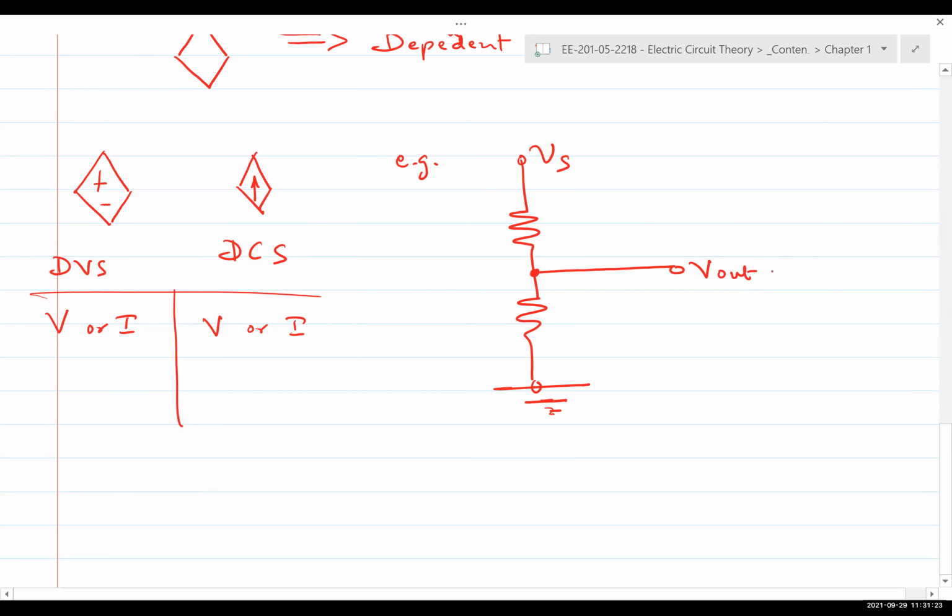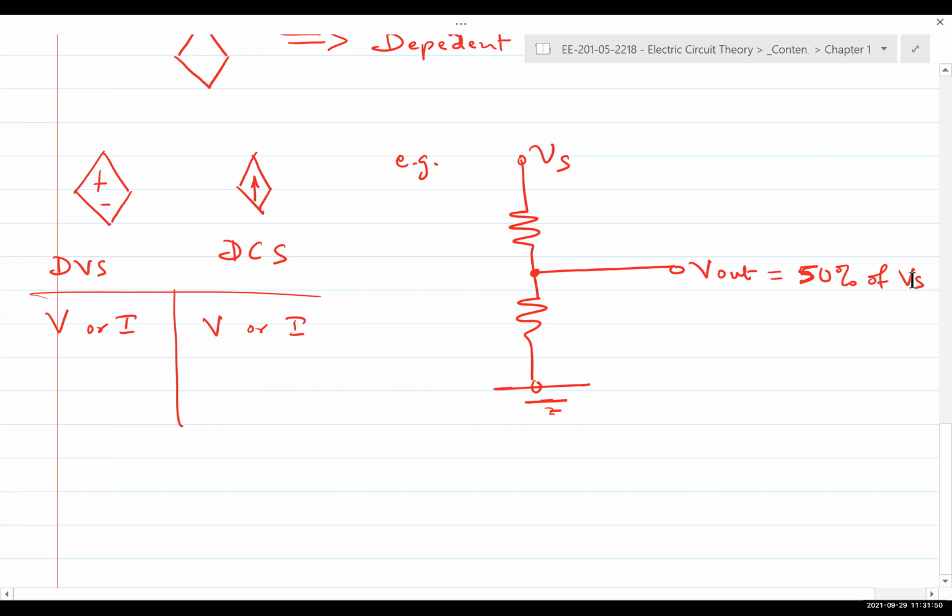But for now, as an example, let's say that it is 50% of Vs. So what kind of source is this? The output is voltage, and the dependency is also voltage. So it's voltage controlled voltage source, VCVS.